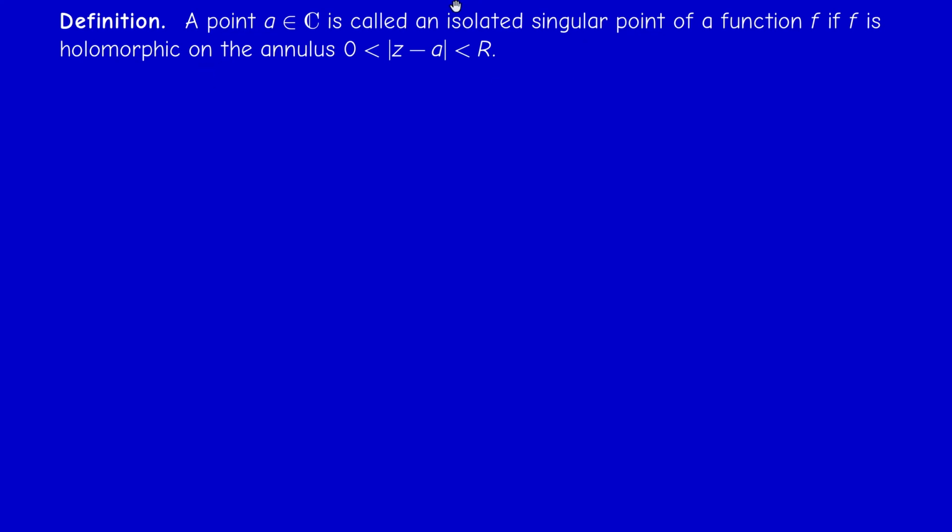If in a neighborhood of this point it's the only singularity, we say that it's isolated. So a is an isolated singular point of a function f if f is holomorphic on the punctured disk of center a, so I remove the center. This is a fancy notation for the disk without a. Same thing: it's an annulus, a punctured disk, a disk without its center.